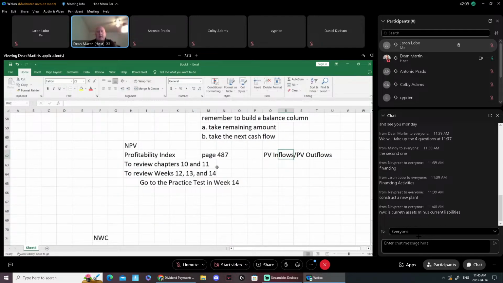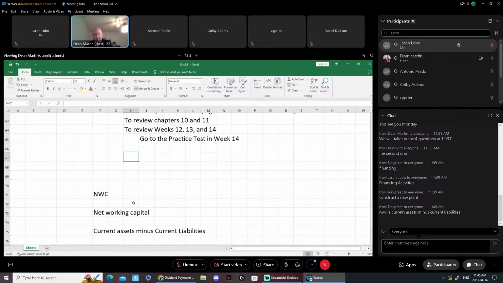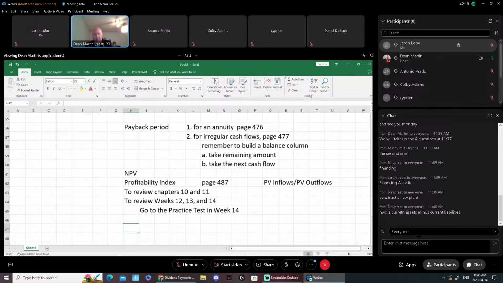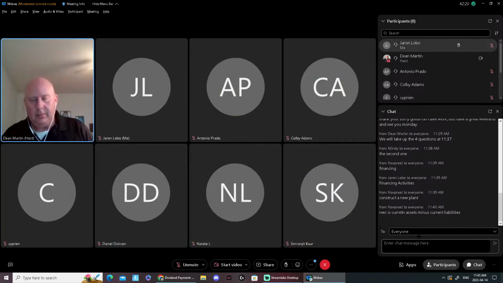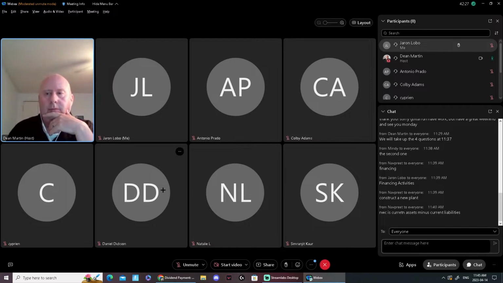And does anyone remember what the number has to be, or should be? Profitability index, you should have a number of 1 or greater. If it's less than 1, it means the present value of the outflows is greater than the present value of the inflows. It's not a project you want.